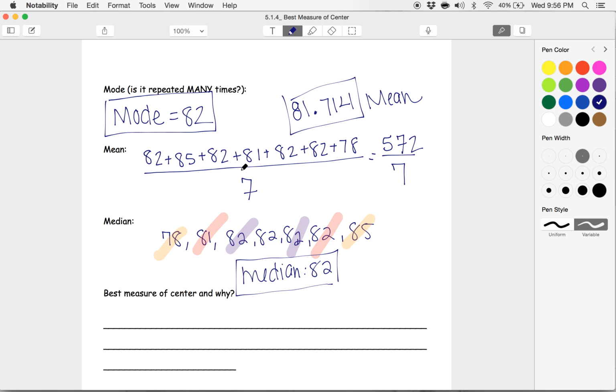There's only 7 numbers, so a little more than half of them are the same number. So, mode is the best measure of center, because it has a lot of repeats.